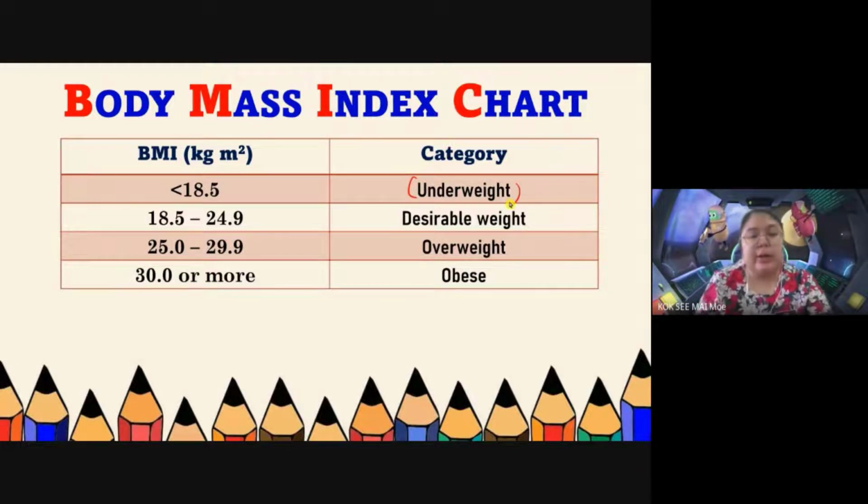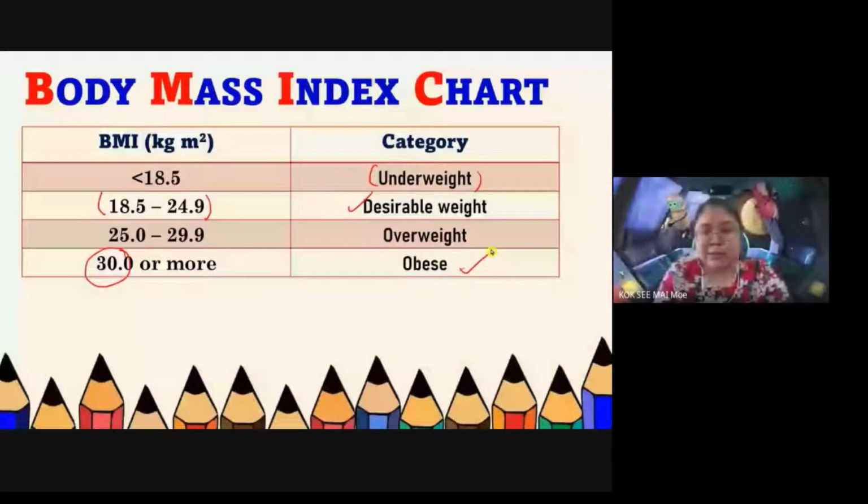If you are 18.5 to 24.9, that means you are desirable. 25 to 29.9, then you are overweight. And the last one, if you're more than 30, that means you are obese. You need to remember. Sometimes the question gives you the BMI, then you tell whether this one is underweight, overweight or obese.